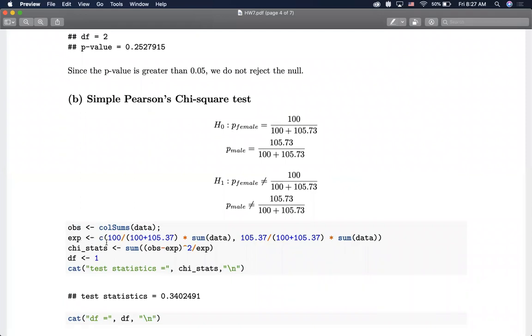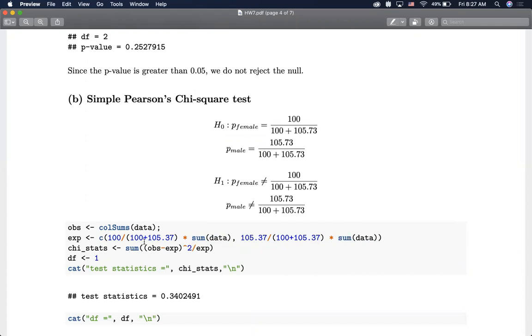And then your expected value will be the probability of female multiplied by the total number of that data set. So that will be n times p, the expected number of females in your data set. And then the probability of male multiplied by that will be the expected number of male in your data set.